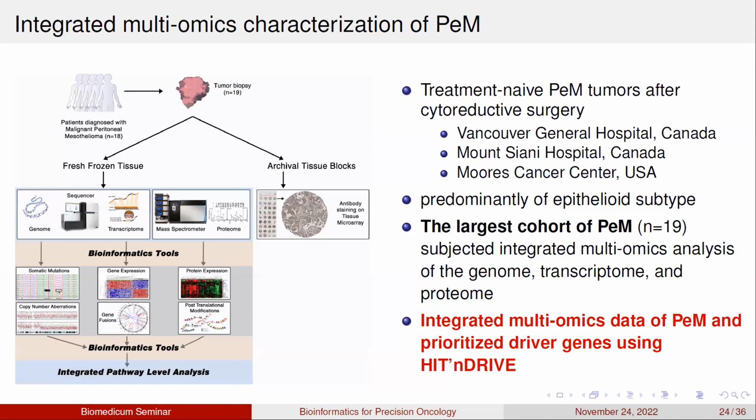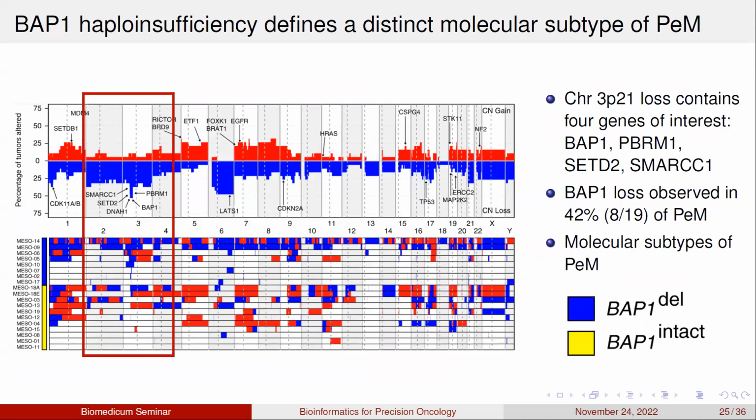So after we used this algorithm, we identified a collection of 4 genes called BAP1, PBRM1, SETD2, and SMARCC1, all part of chromosome 3p21, that had a deletion in almost half of the cancers. So this is a plot summarizing the copy number profile of all those 19 patients, in terms of percentage.